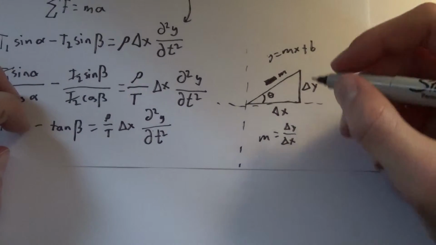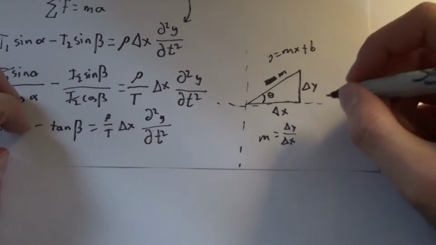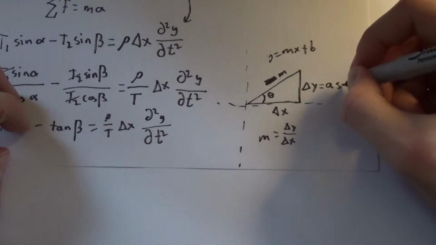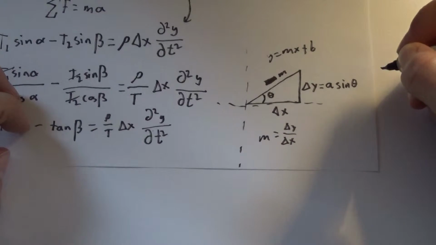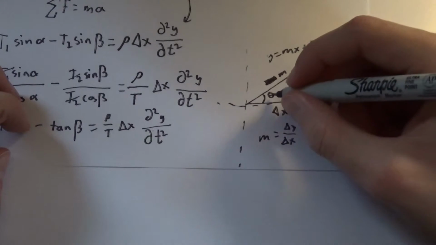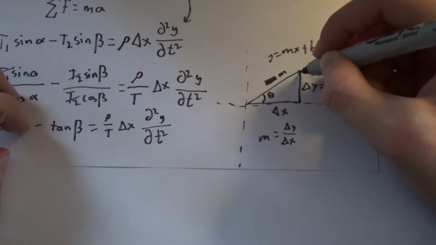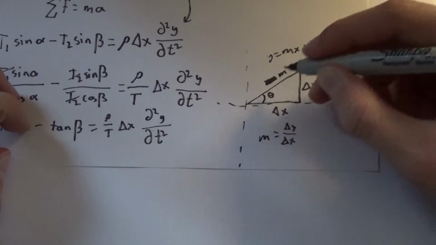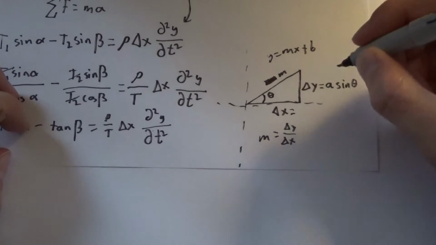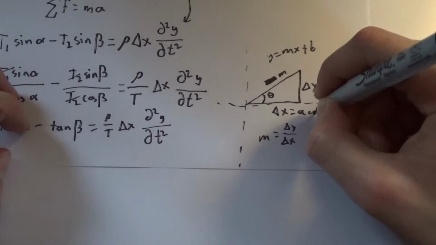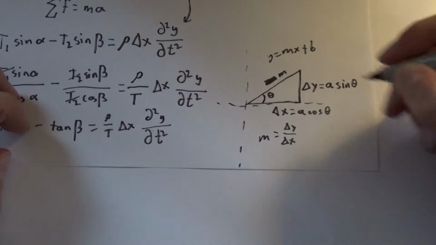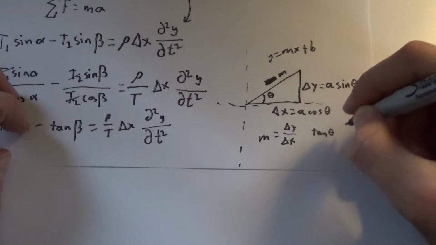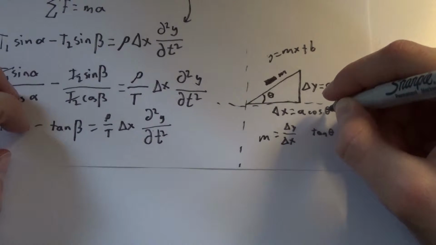However, this can also be written as some number multiplied by sine of theta. Because sine of theta in this case would be if this was length 1. But we know that it's not necessarily. So we just multiply by a coefficient and it's equal. And this is equal to the same number times cosine of theta. Now if we find the tangent of these, tangent of theta is sine over cosine.